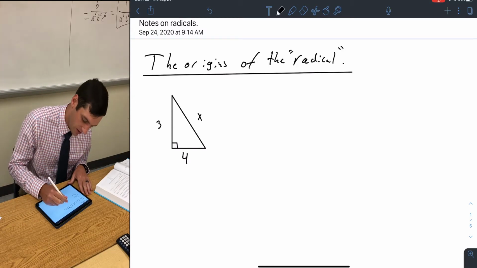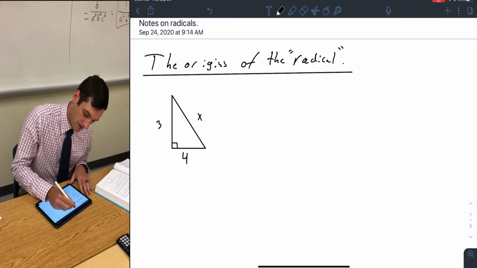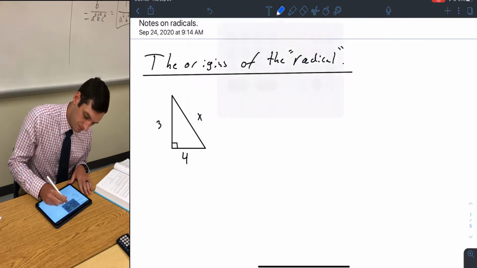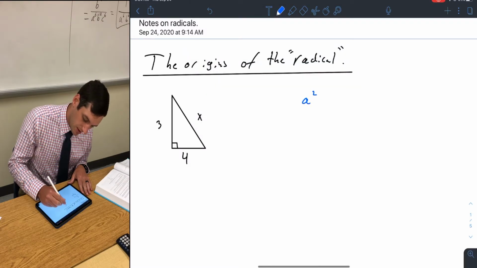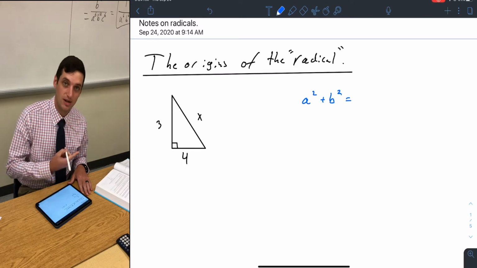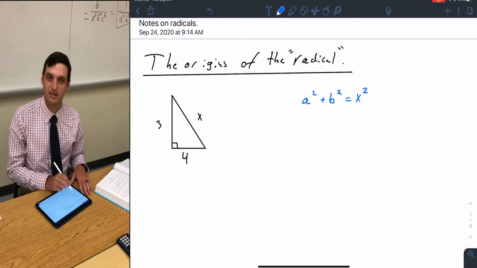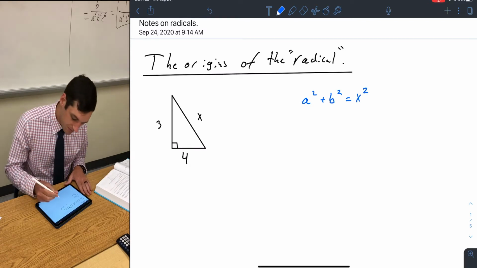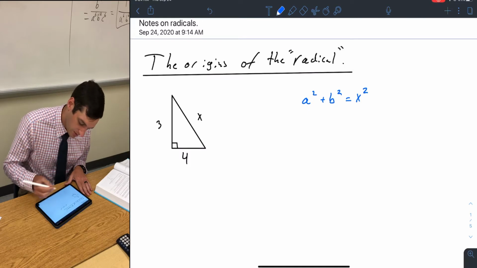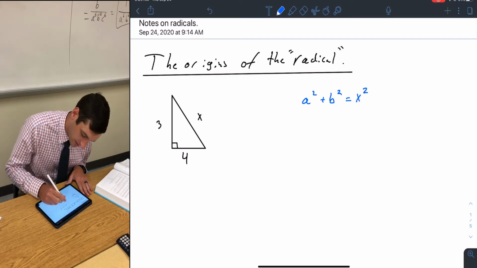So we know that a squared plus b squared equals c squared, but in this case I'm going to say x squared because the x is in the c position. All right, so we're going to go ahead and plug some things in here.